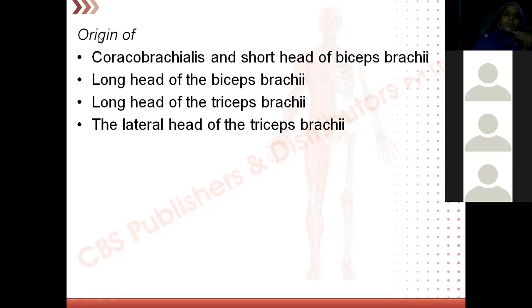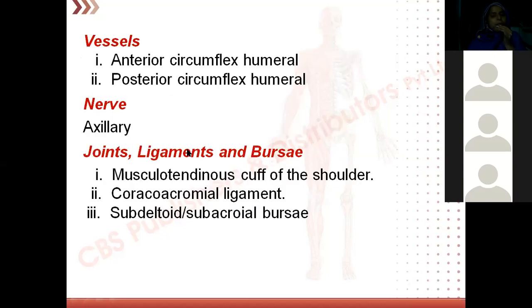So that means under the cover of deltoid, not only the muscles attached to the coracoid process, we also see long head of biceps, which is associated with supraglenoid tubercle, and long head of triceps with infraglenoid tubercle, beta. Okay, everything is there. Then lateral head of triceps brachii. All these are seen below the cover of deltoid.